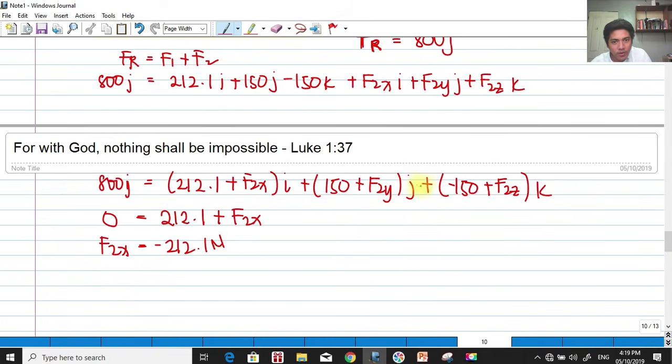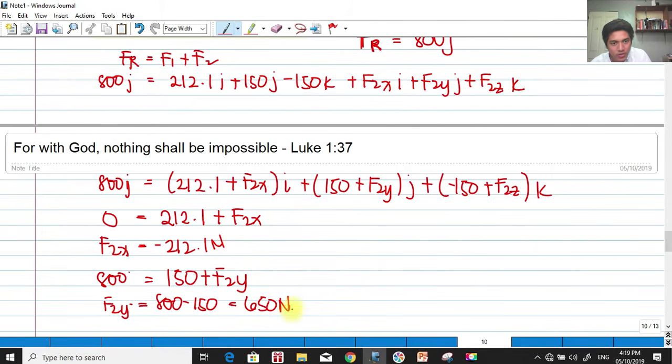For j, we have 800 on the right side, since we are only computing the components: 150 plus F2y, so F2y is 800 minus 150, which is 650 Newton. So this is our first answer: F2x is negative 212.1, and 650 for F2y.